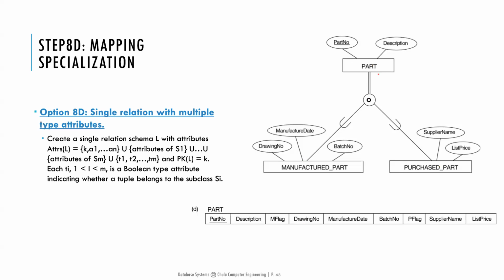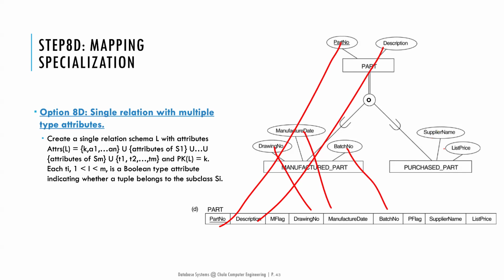So when I do this, what I can do is create just one relation. For this one relation, you have this part number and description that come from the superclass, and the rest come from the subclasses. I have drawing number here, manufacture date here, batch number here, supplier name coming from here, and list price here.